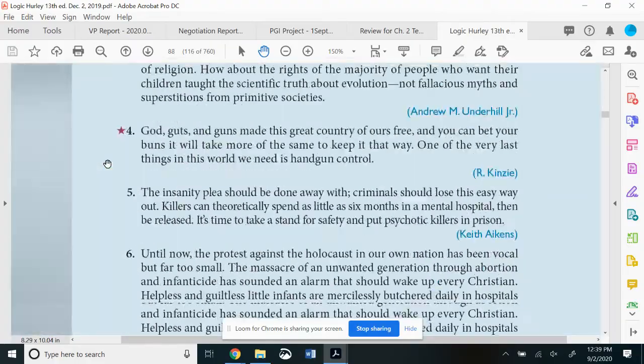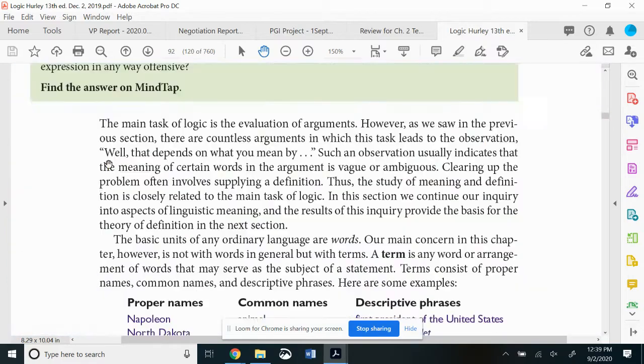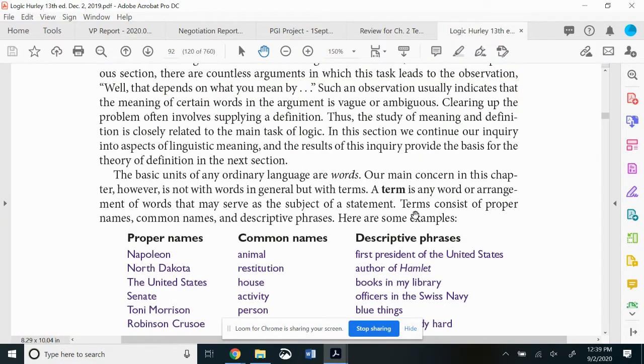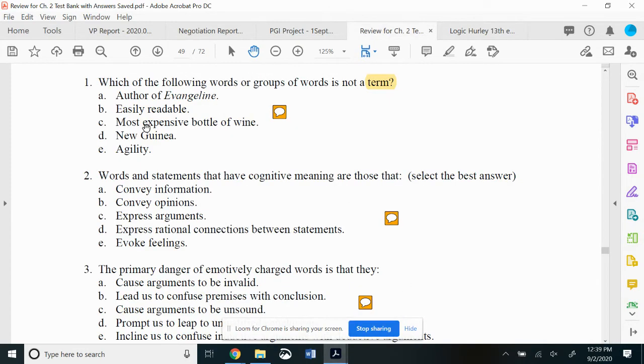I'm going to laugh if it's in 2.2 because I was assuming 2.1. Oh, there it is. Yeah. I was assuming that when this mock test started, the very first question would start at 2.1. So it starts at 2.2.